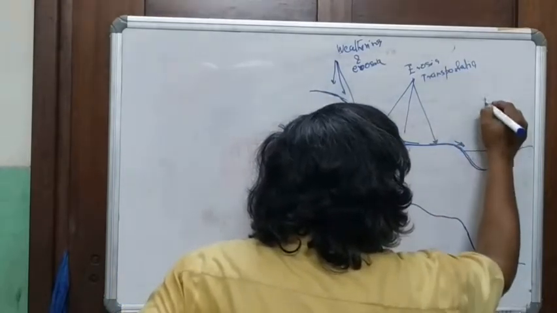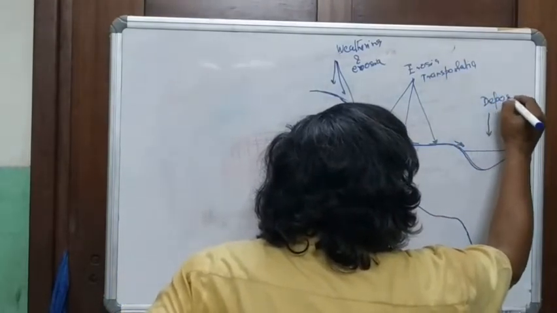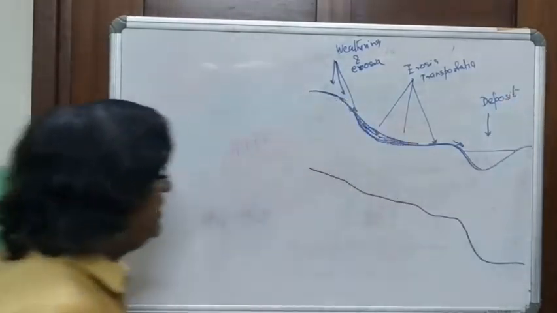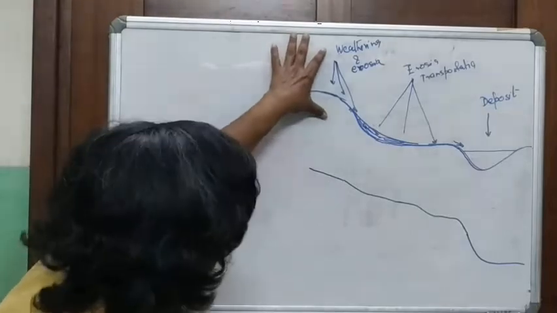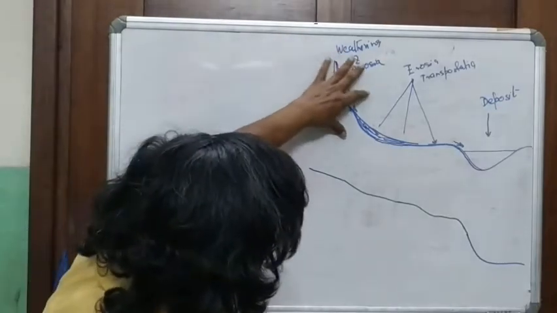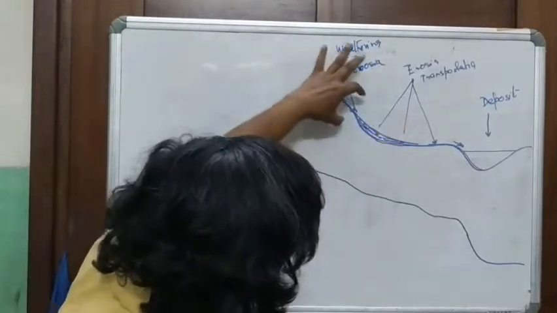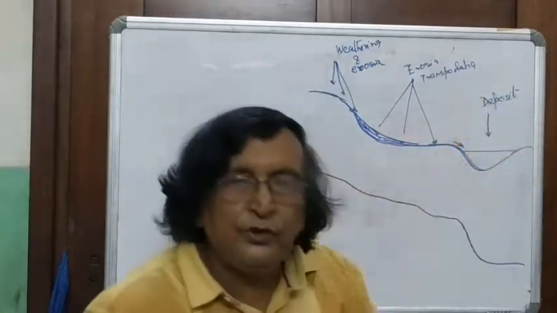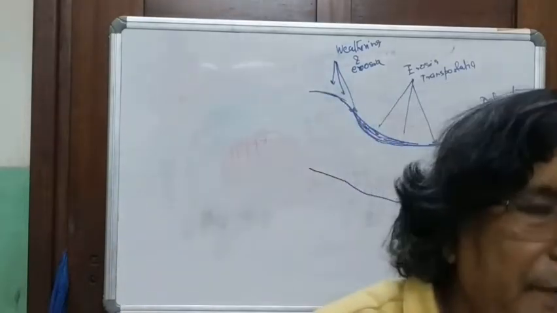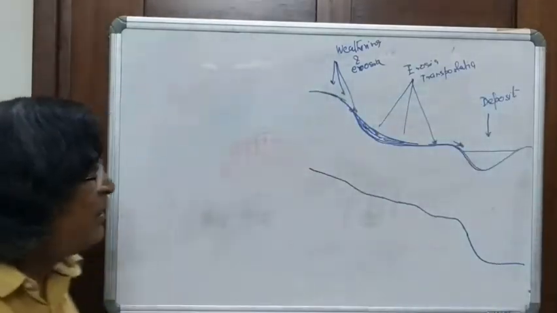And finally, this is the place where you deposit your sediments. So you can imagine the river Ganges. It starts in the Himalayas somewhere, way up, and then all along UP, Haryana, UP, and then Bihar, Bengal, and then it goes into the Bay of Bengal.